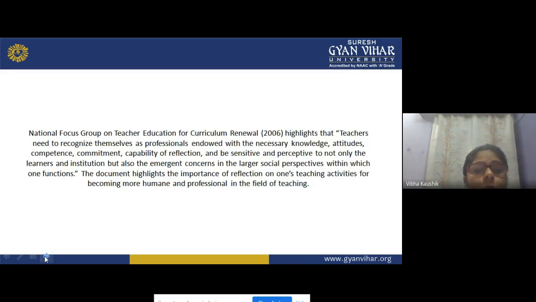The National Curriculum Framework for Teacher Education for curriculum renewal, 2006. Now, another commission which was formulated in 2006, what does it highlight?